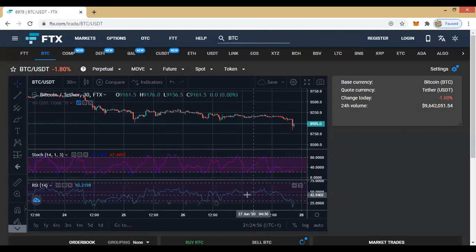You can see, like I said, stochastic has two lines, the red and the blue, but then RSI has only one line.